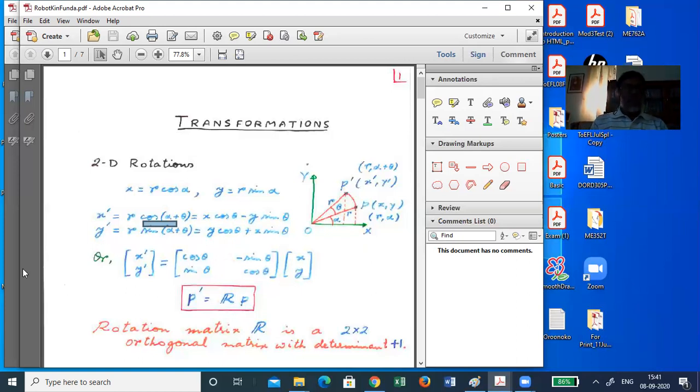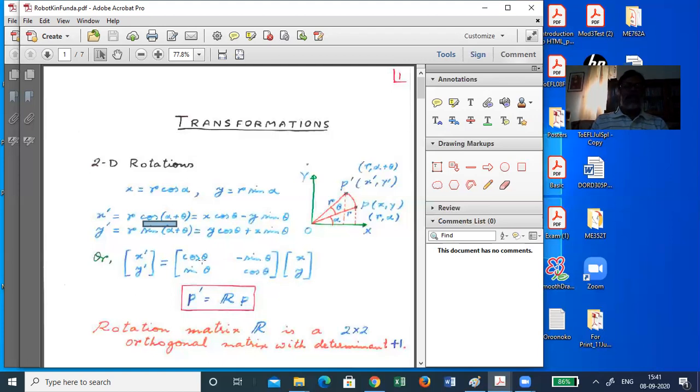When you put these two together in a vector, taking the coefficients of x and y in this coefficient matrix, then you get a rotation matrix: cos theta, minus sin theta, sin theta, cos theta.